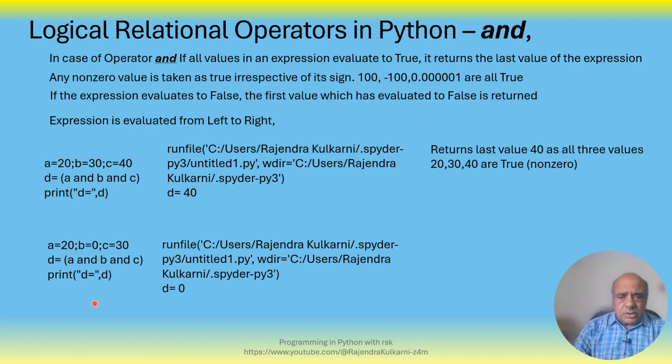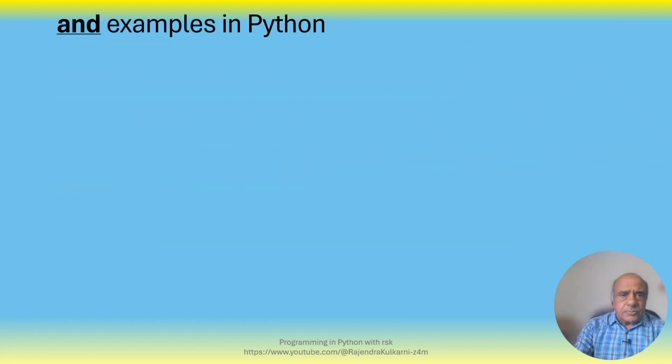So the output will be 0. Because in the case of the and operator, it returns the first value which is false. Another few examples we will see.